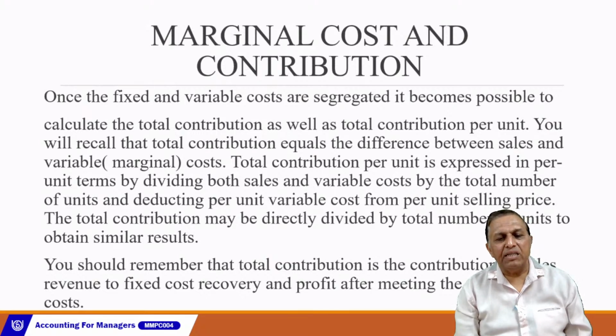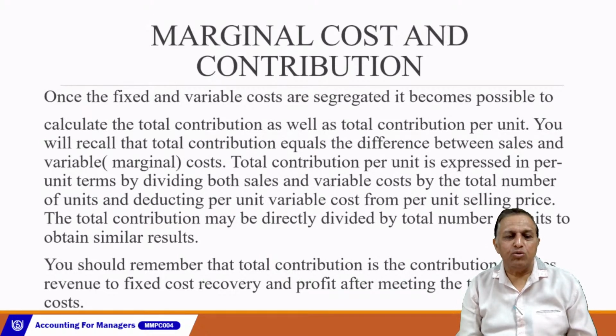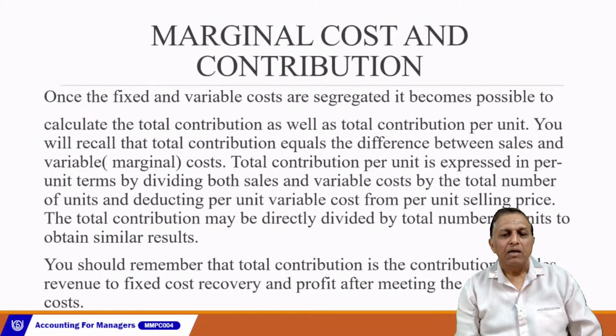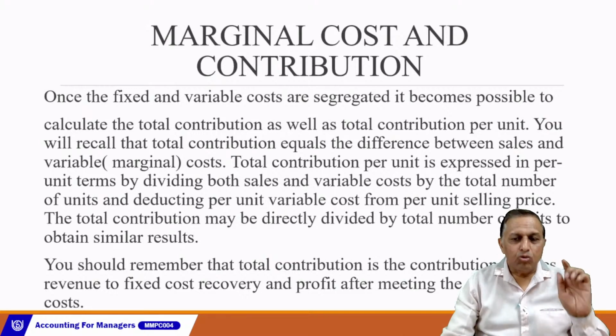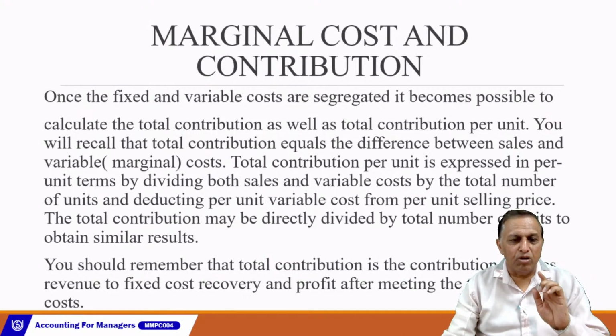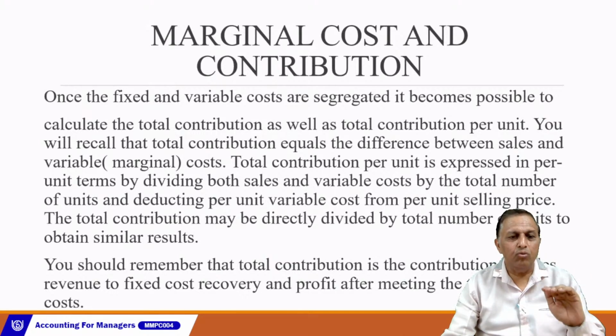We should remember that total contribution is the contribution of sales revenue to fixed cost recovery and profit after meeting the total variable cost. It means the total contribution is the contribution of sales revenue to fixed cost and profit.